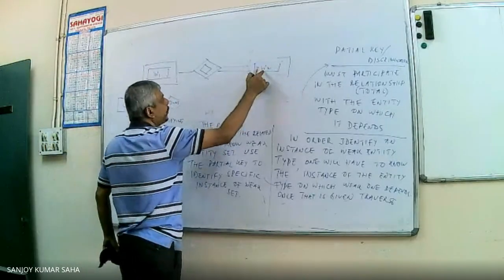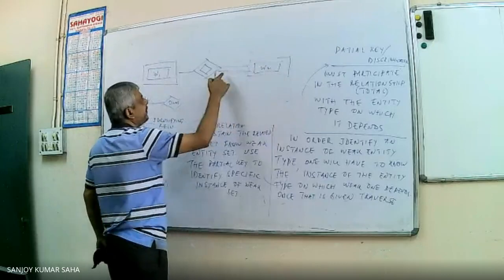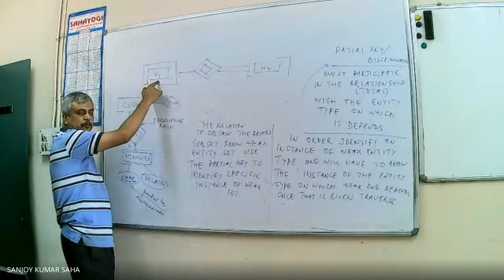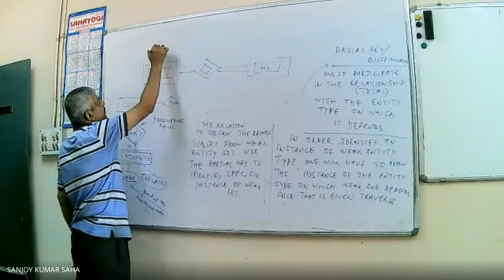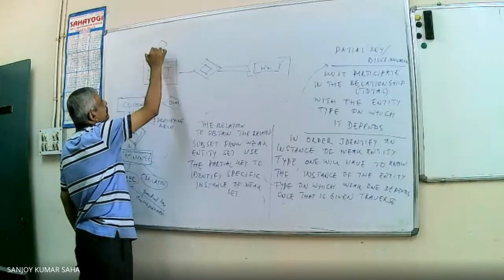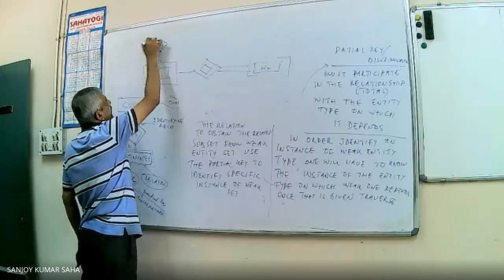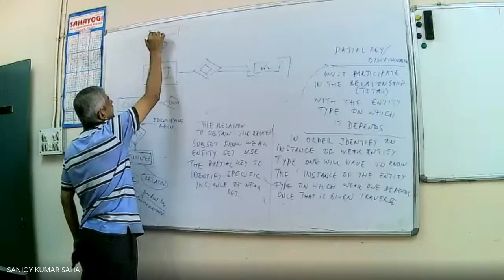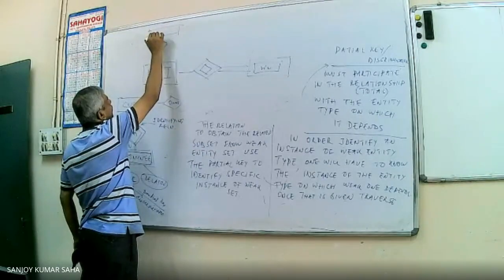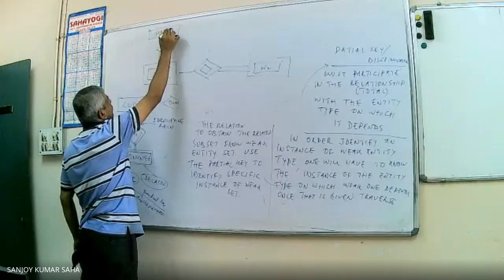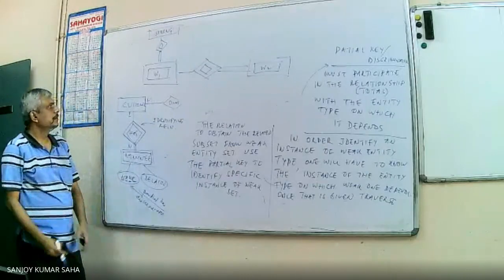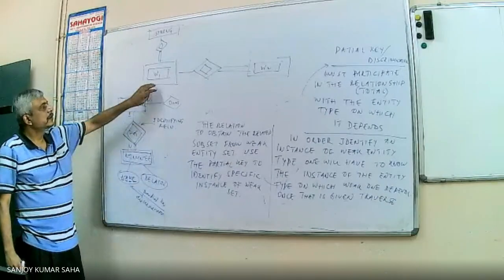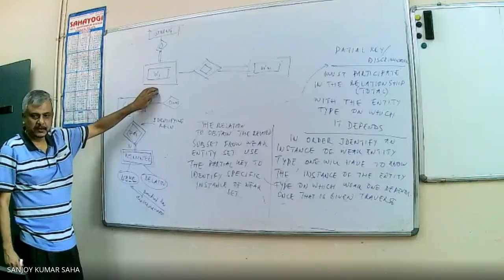So basically this weak entity type is again depending on another weak entity type, which may depend on some strong entity type. So this may also be the situation.